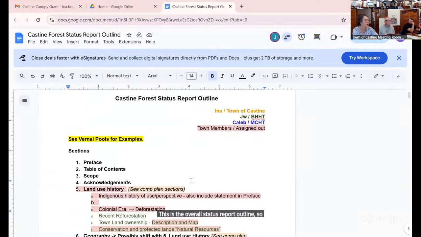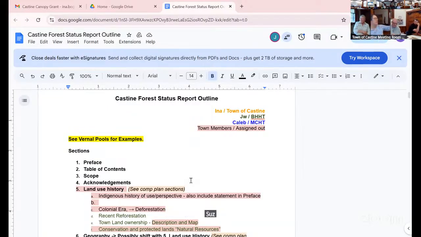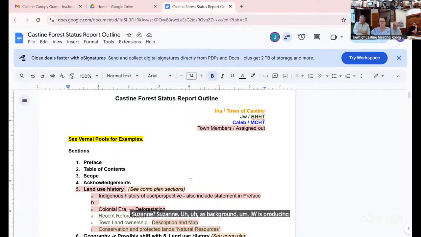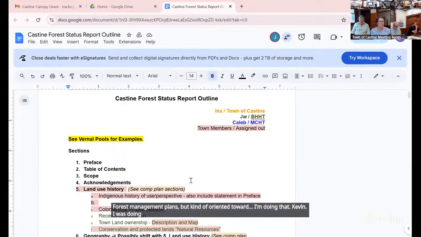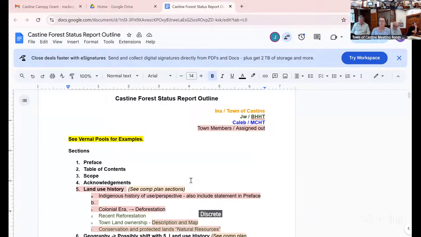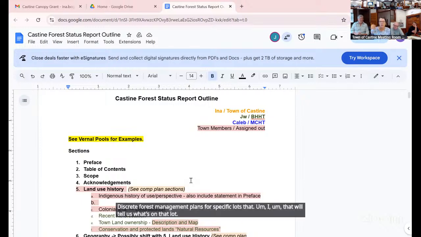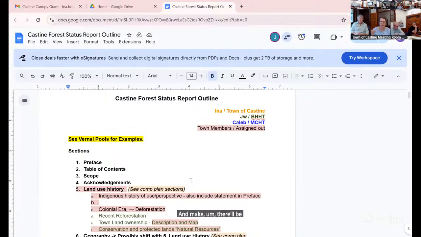Suzanne, as background, Kevin is doing three discrete forest management plans for specific lots that will tell us what's on each lot, with some findings and some recommendations.